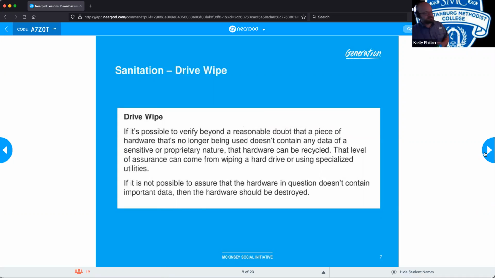All right. Other type, drive wipe. So if it is possible to verify beyond a reasonable doubt that a piece of hardware that's no longer being used doesn't contain any data that is sensitive or proprietary, the hardware can be recycled.